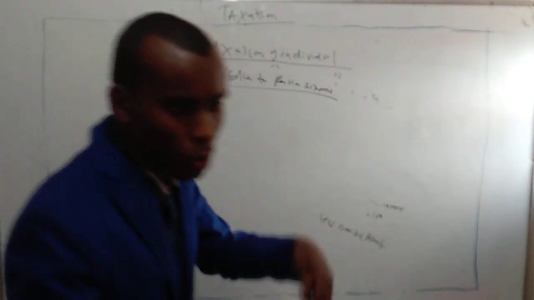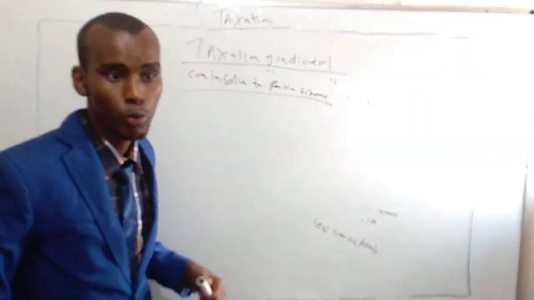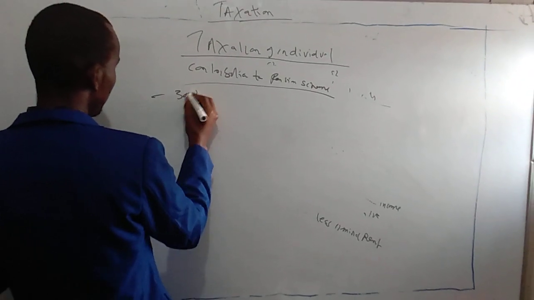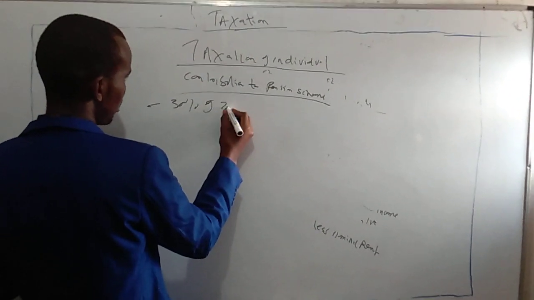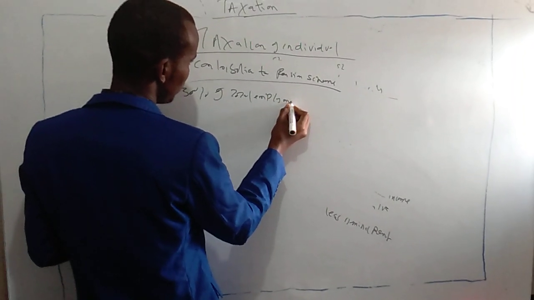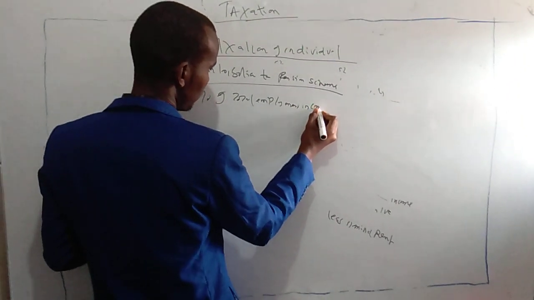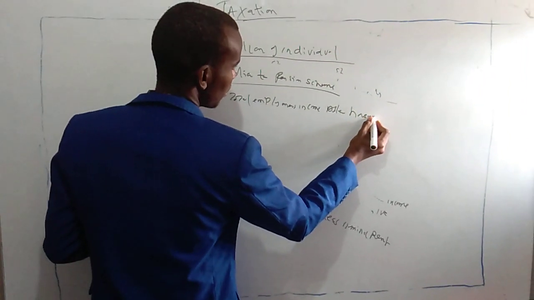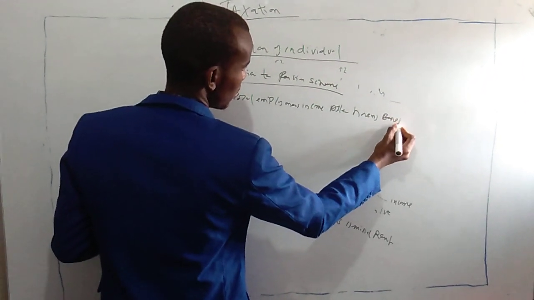How do we tax contribution to pension scheme? We compare 3 things. We take 30% of total employment income after housing benefit.